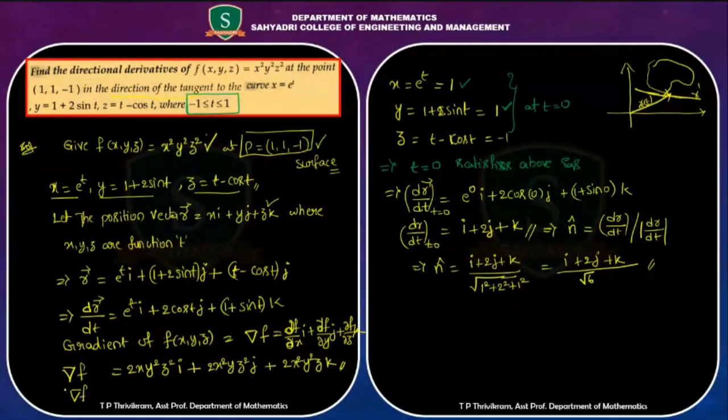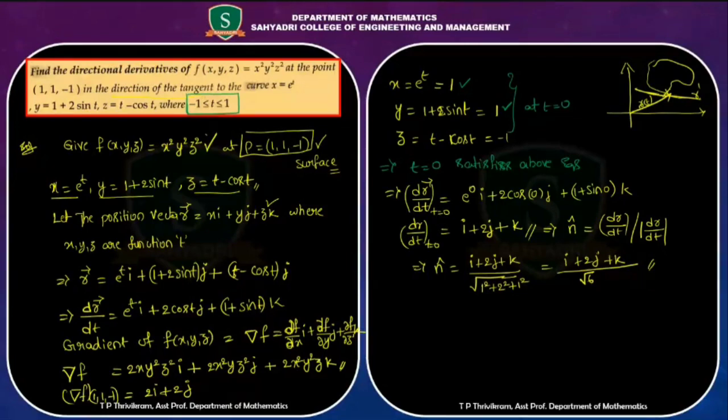Del f at (1, 1, -1). So substitute it, how much will you get? The z value is minus 1. If z is squared, then you'll get the first value only, all are ones. So I'll get 2i plus 2j minus 2k.